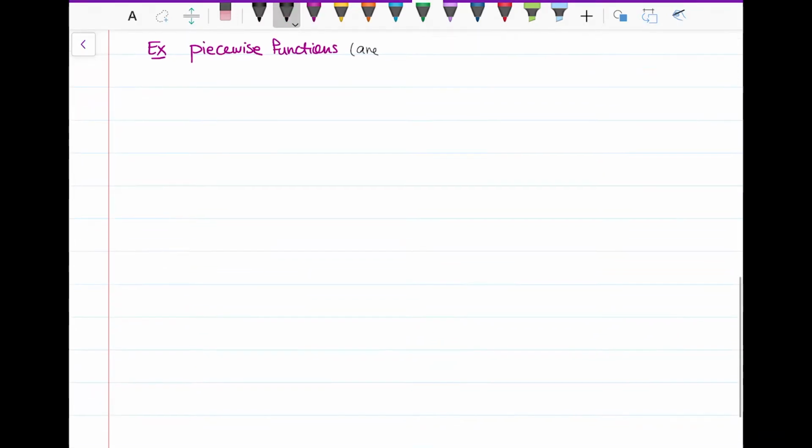They are defined by different formulas in different parts of their domain. In different parts of their domains. Okay? As an example, look at this function.